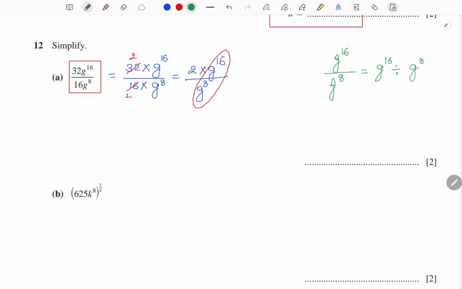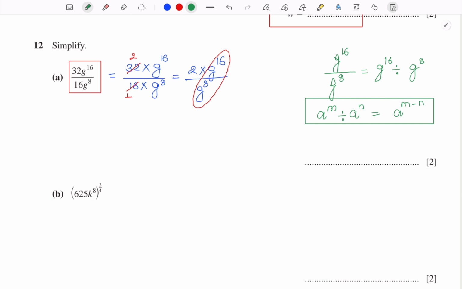Now if you recall the rules of power, whenever we have the same base and we are performing the division operation, the base remains the same but the powers are subtracted from each other. So that is one of the rules that we will study in surds and indices.